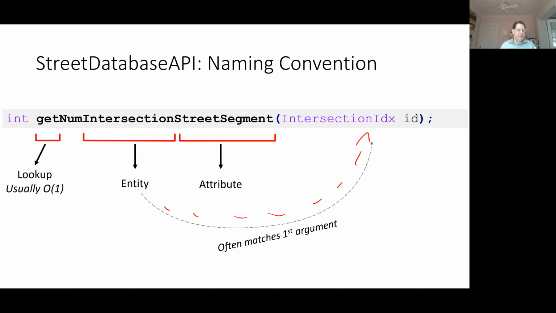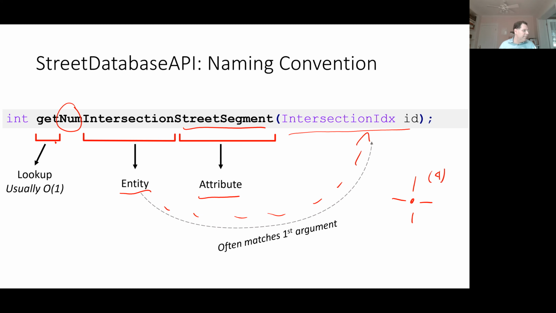And then an attribute. What I want to know is something about the street segments, the number of street segments. So tell me how many little pieces of street connect to this intersection. For the little thing I drew here, that again would be 4.